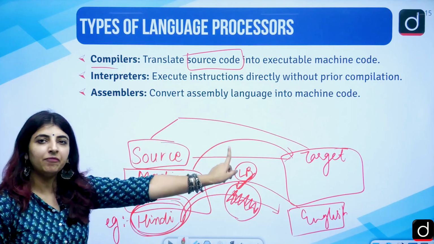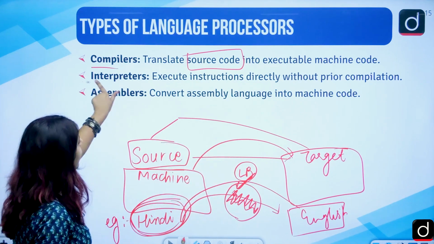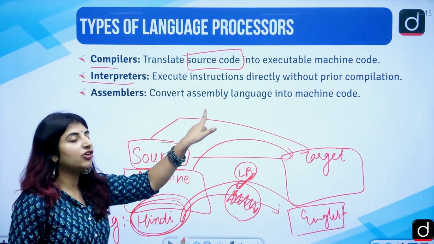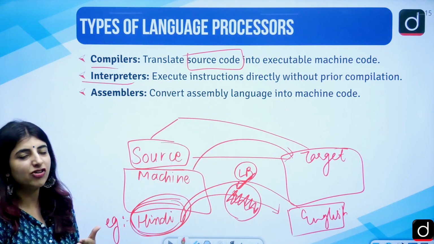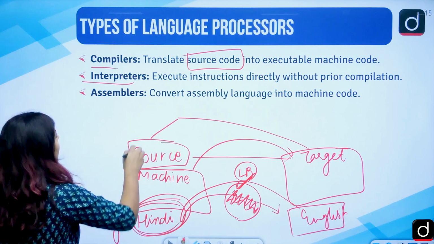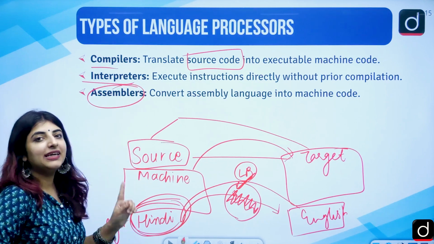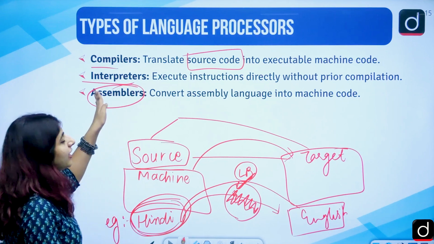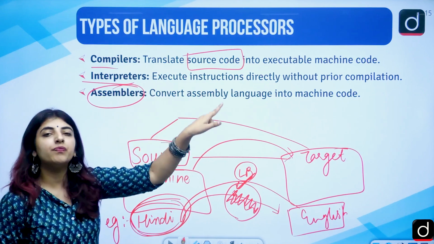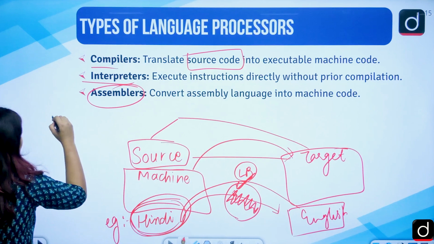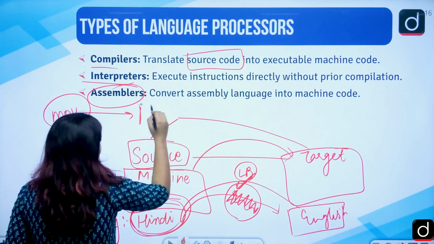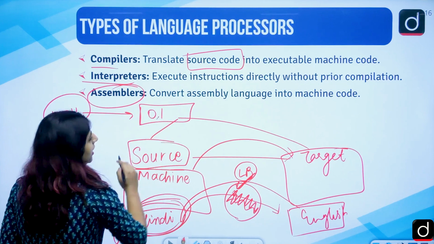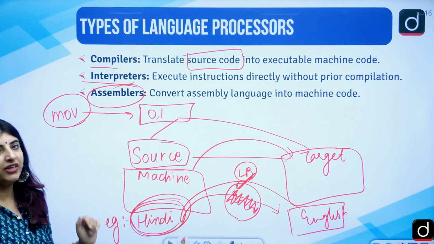So source and target, we are clear with that. Interpreters execute instructions directly without any prior compilation. We'll see the differentiation between the two of them. And then we have assemblers, which, as the name suggests, convert assembly language into machine code. So any program having instructions like MOV will get converted into zeros and ones, the binary digits of the machine code.